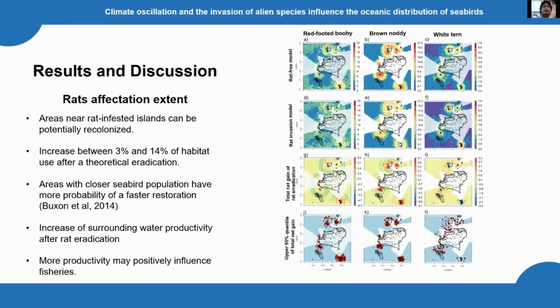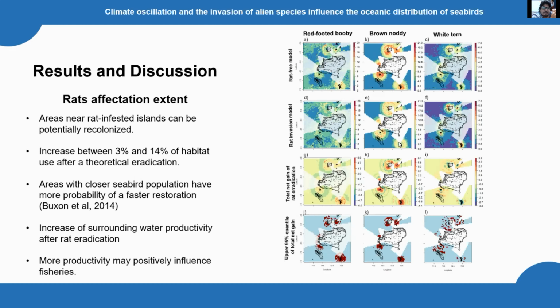And I think one of the most important things, considering all this area and the differences between the rat-free and the rat-invaded model, is that we may have an increase of habitat use between 3% and 14%, considering a theoretical rat eradication. So that means that, again, eradicating invasive species is a really important measure to manage protected areas, and marine protected areas particularly.